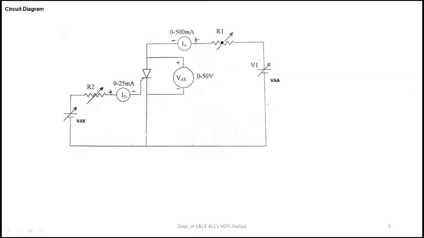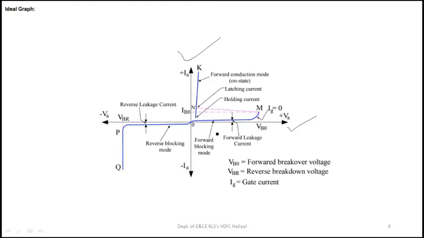We observe that at a certain value of VAK, the SCR will turn off and also turn on, that is through the gate pulse. Those things are called latching current and holding current here.